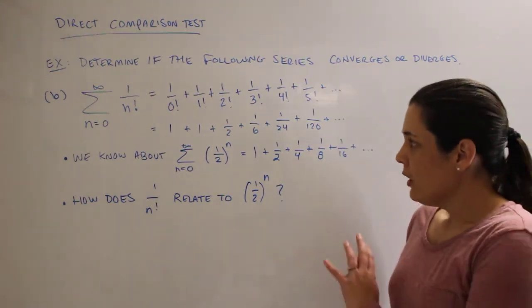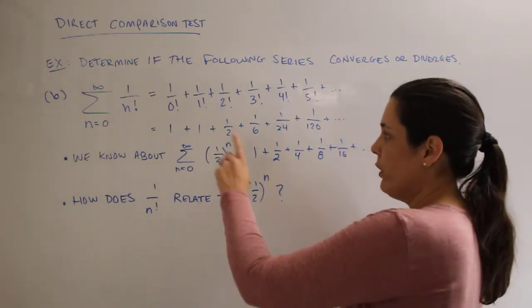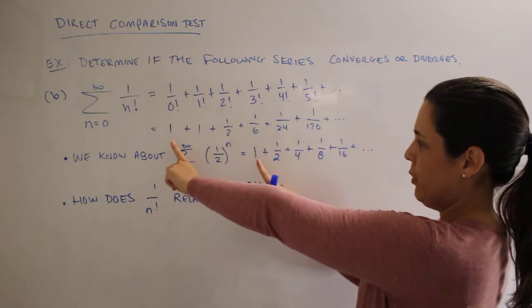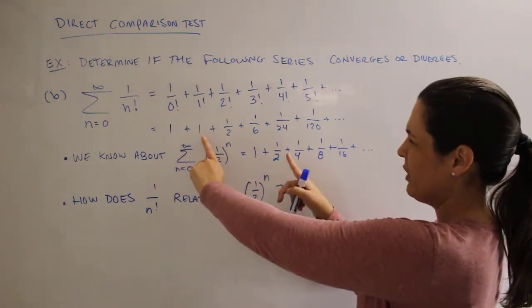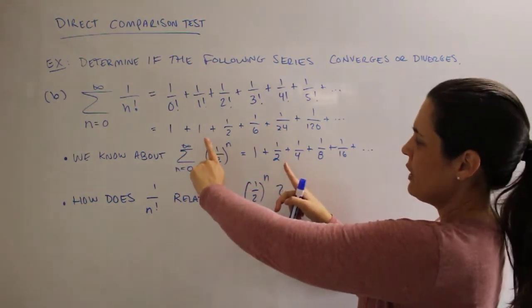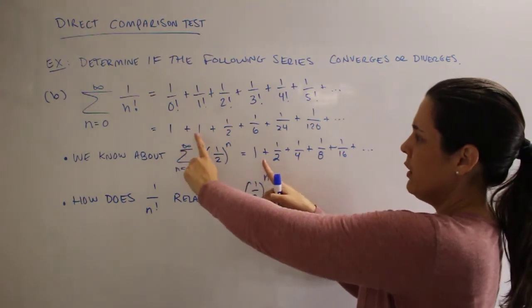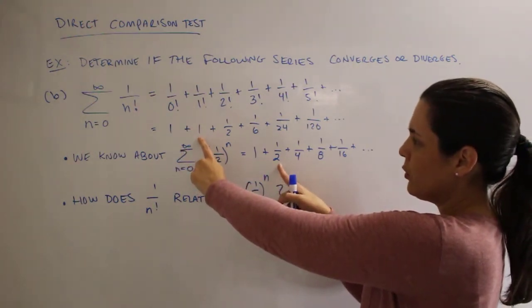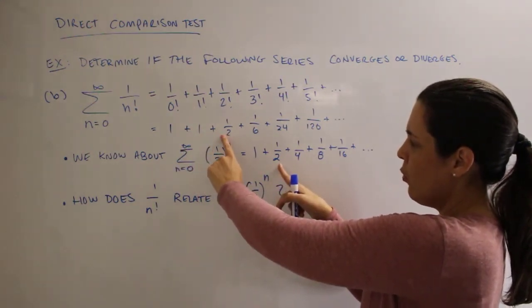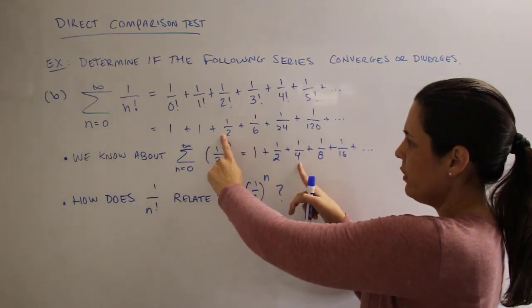You can look at what I have already written. First term is 1, second term here is 1, but then we have a 1/2. So far they're equal. Then this term is less than this one. Then 1/2 here, 1/4 here.